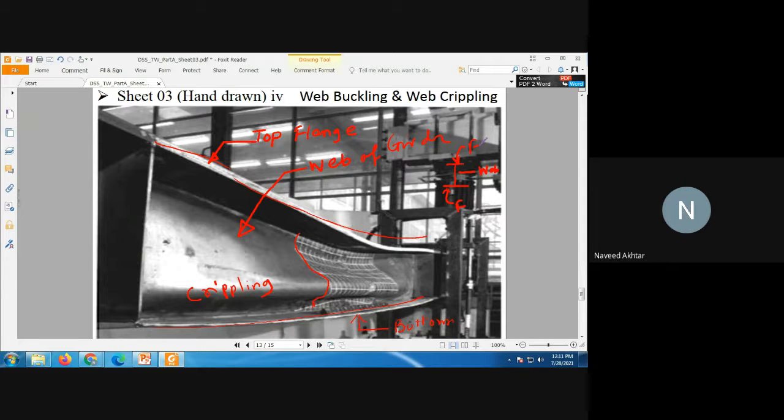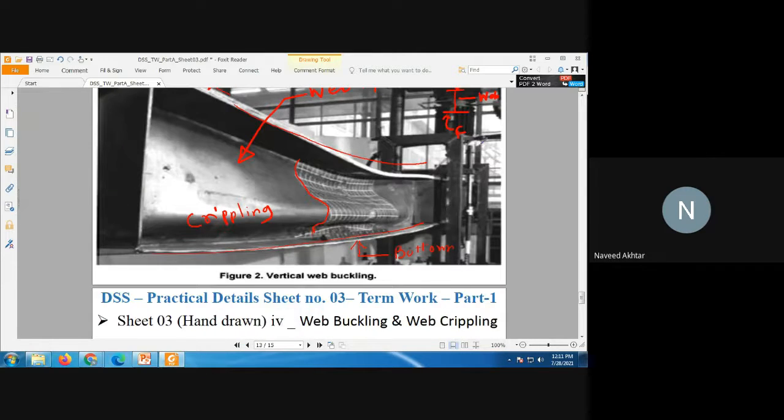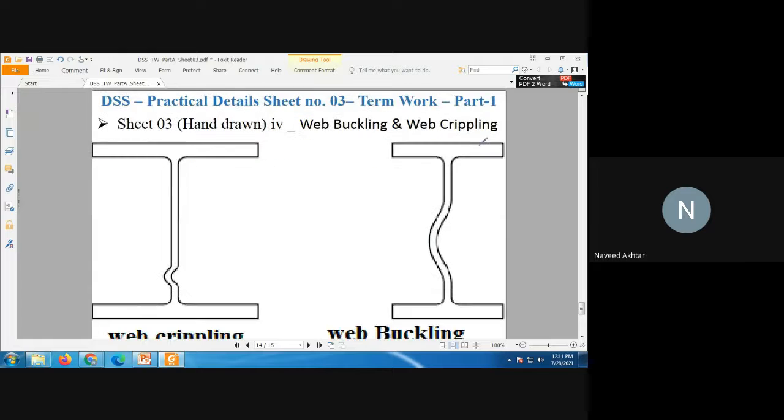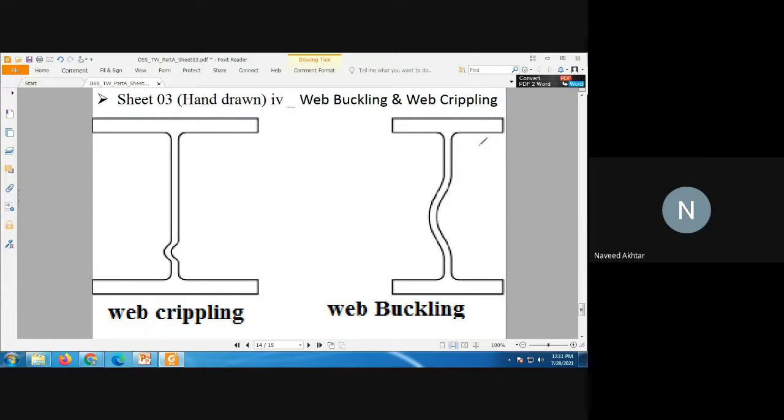Sheet number 3. This is another example, a very clear figure of web crippling and web buckling. Any one of the figures which you like, you can draw. They are sketches.